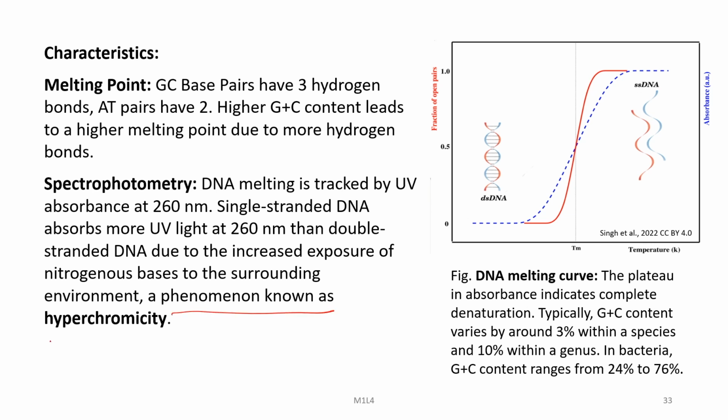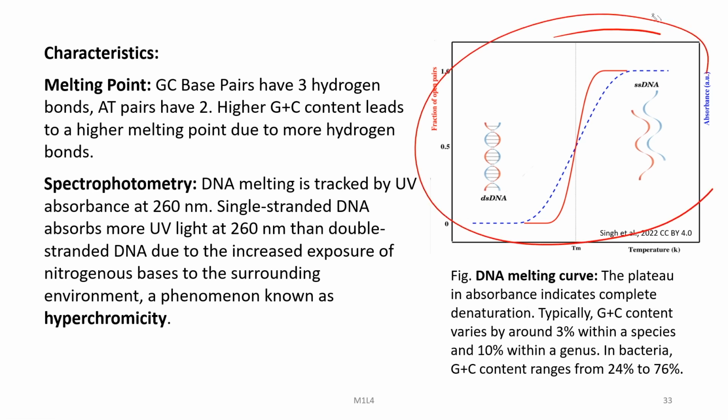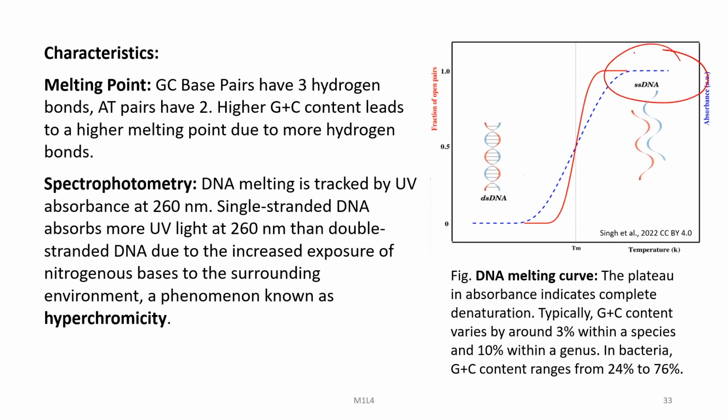This phenomenon is known as hyperchromicity. So, in brief, if you look into this graph, which is a DNA melting curve, the plateau in absorbance indicates a complete denaturation, and this is the double stranded DNA, as already mentioned.